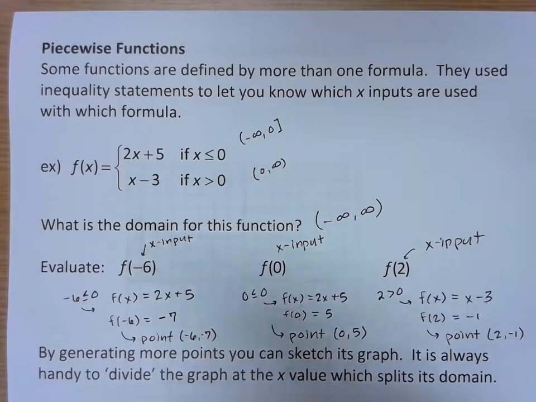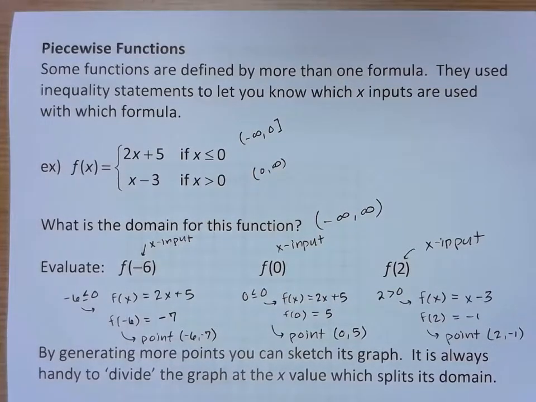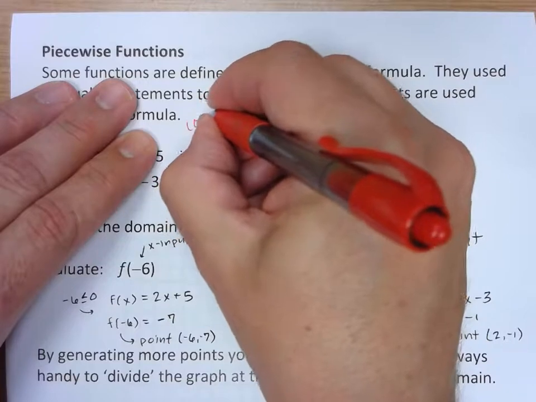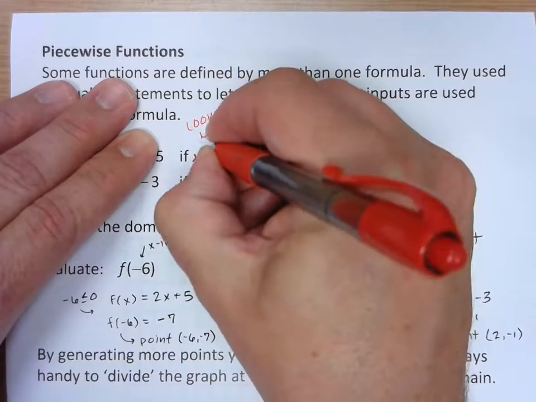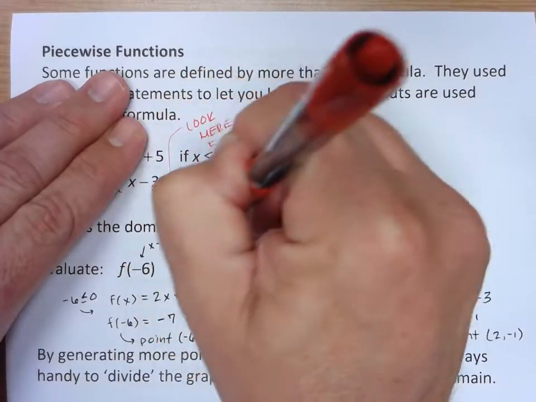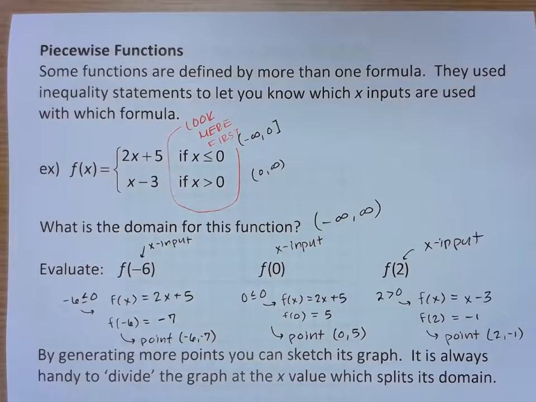So whenever you're dealing with inputs and outputs on a piecewise function, this is where you have to look first. Because depending on what your input happens to be, it's going to satisfy only one of those inequalities.